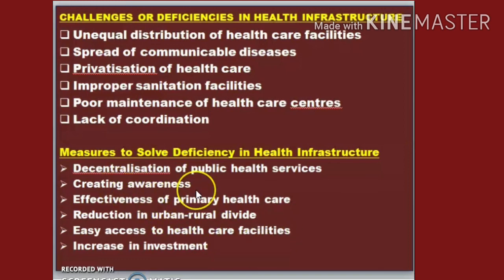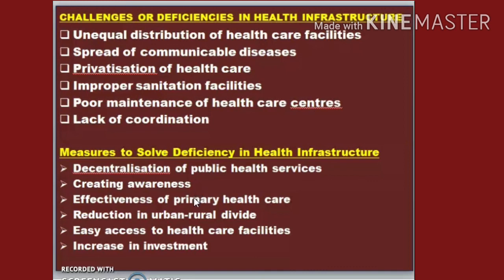Next is creating awareness. It is critical to create awareness on health and hygiene, proper sanitation facility, vaccination, communicable diseases, availability of medical assistance, etc. This awareness can be created through newspapers, radio, television, etc. So the role of telecommunication and IT sectors cannot be neglected to provide efficient systems.